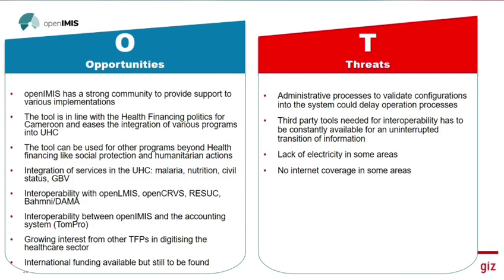The threat we have is the lack of electricity in some areas and the lack of internet in some areas. In some other areas we have internet, but the users are not able to use openIMIS properly, because we think the quality of internet they are getting in the field is not enough to open or work in openIMIS.